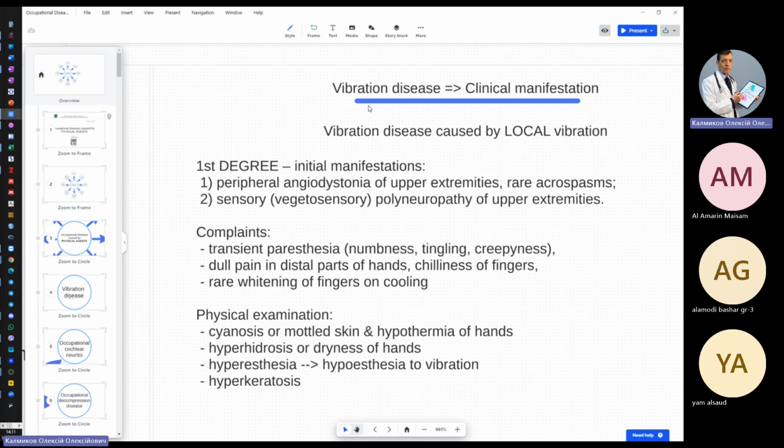Hyperhidrosis or, vice versa, dryness of hands. Again, hyperhidrosis is in the phase when there is an undulation, right? There is balancing between sympathetic and parasympathetic components of vegetative hyperactivation. And then it turns into dryness because of exhaustion of vegetative regulation.